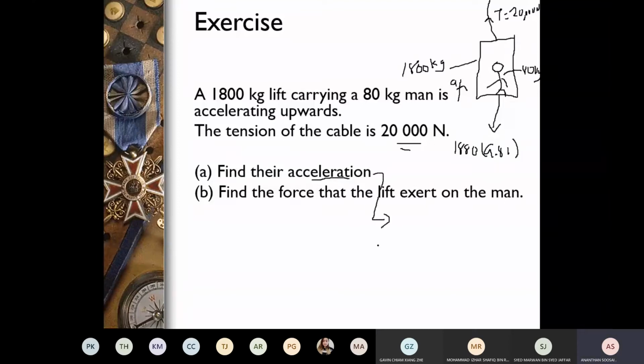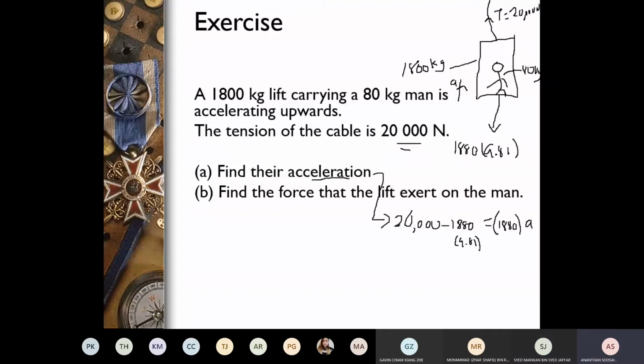By considering the entire system, the force up minus the force down should be MA. M, we take the entire system, because it accelerates up. So force up is 20,000 Newton. Force down is 1,880 times 9.81.